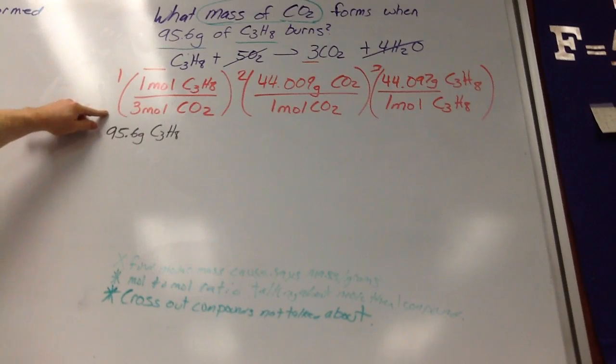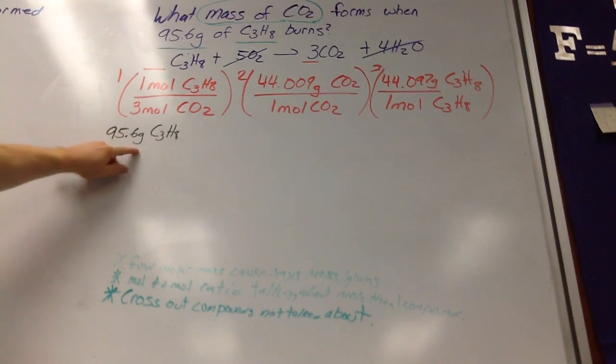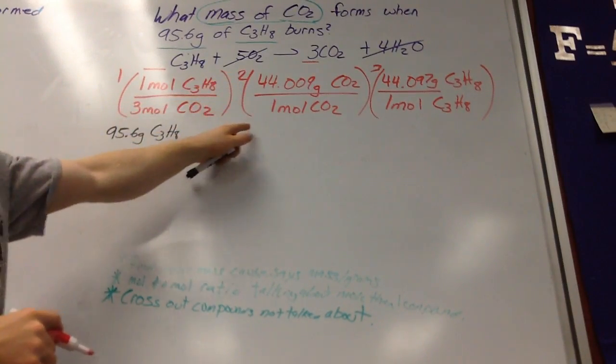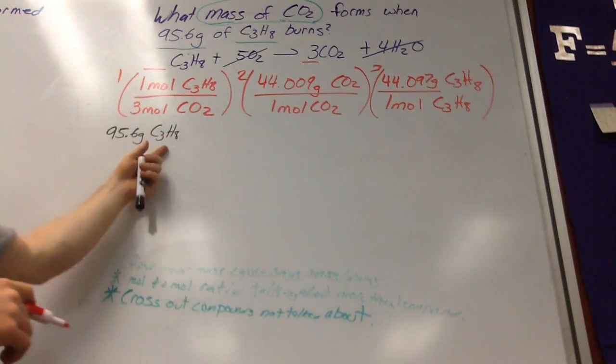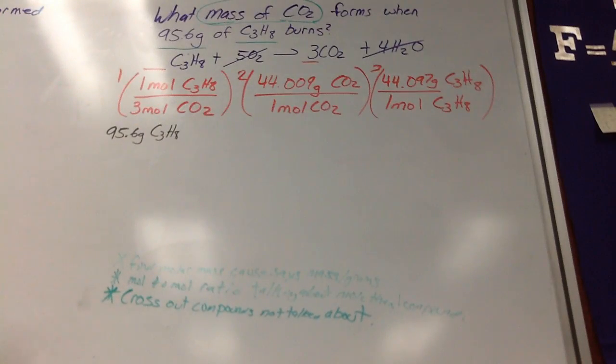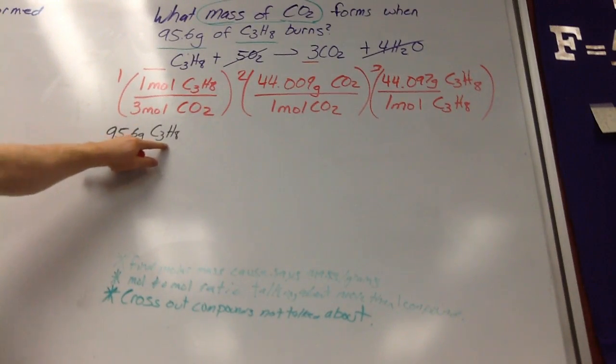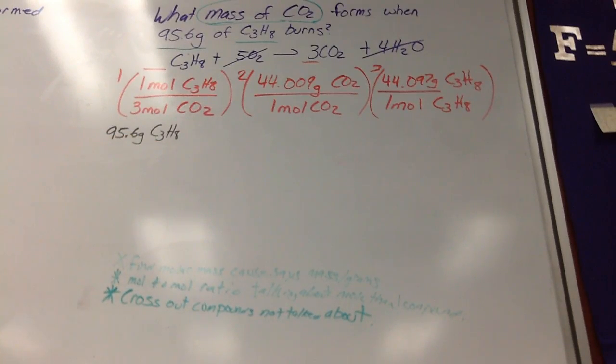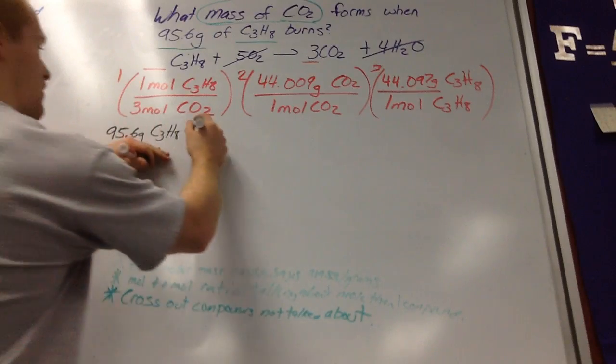Notice number 1 is talking about moles. We do not have moles, we have grams. Number 2 is talking about grams, but it's grams of CO2. We want C3H8, so we can't use that one. Number 3 has grams of C3H8 in the numerator. We already have it in the numerator, so we're going to have to flip it so we can get rid of our grams of C3H8.